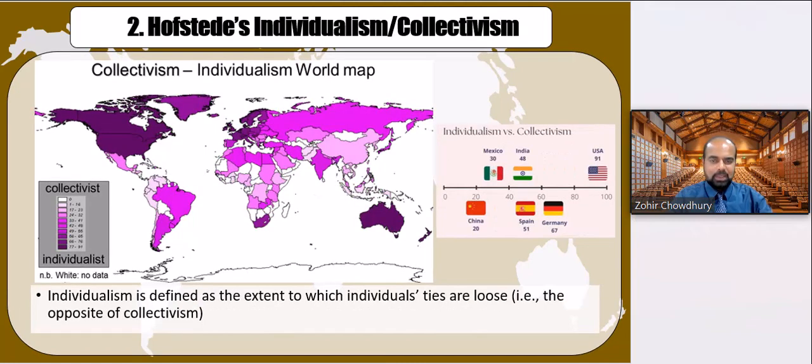The second dimension is individualism or collectivism. Individualism is defined as the extent to which individuals are tied to groups, with collectivism as the opposite.